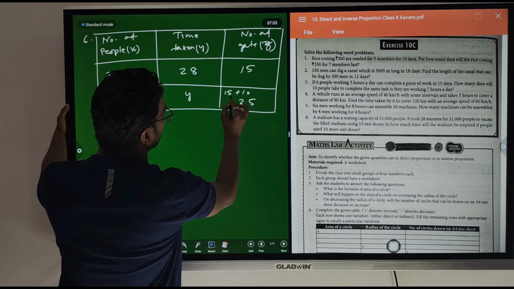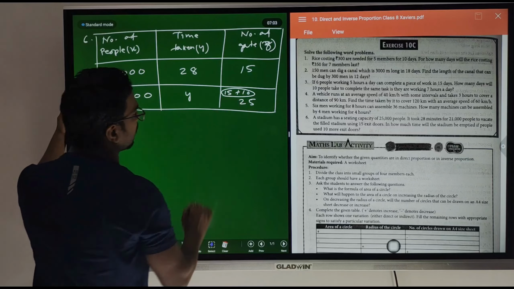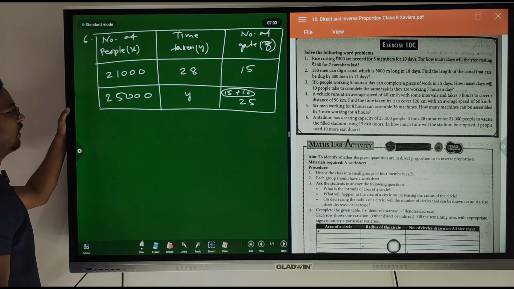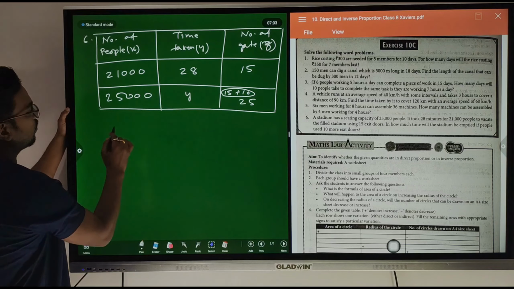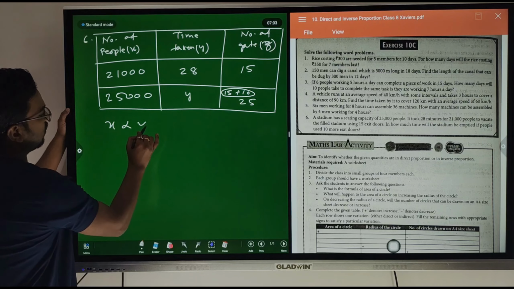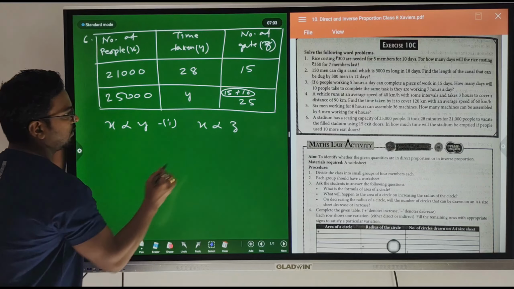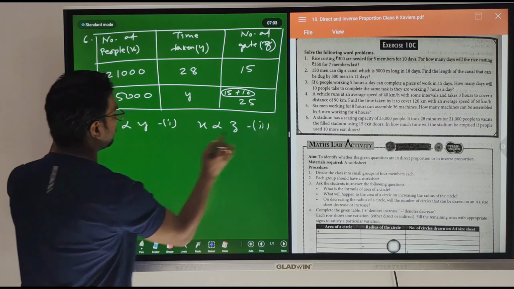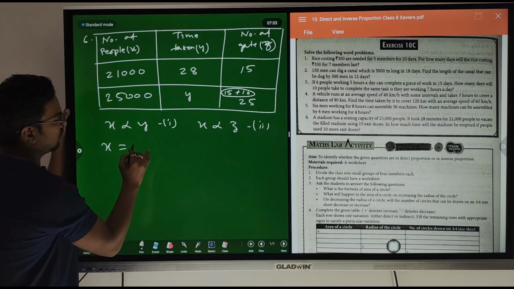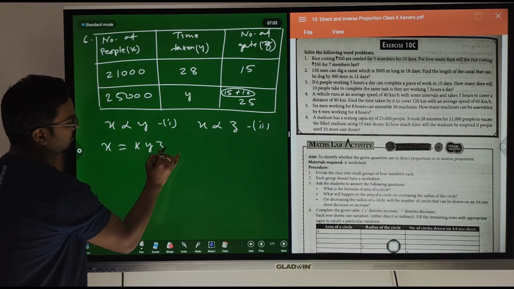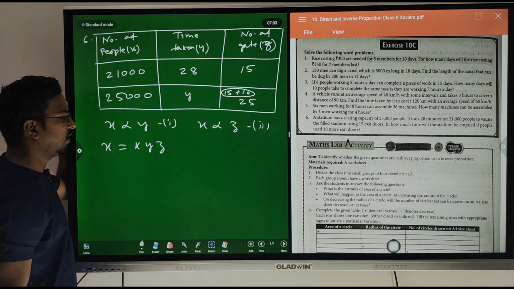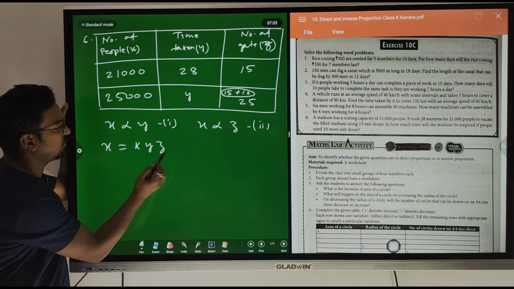Okay, it will become 25 exit gates, right? So all are directly proportional, so we'll write x is directly proportional to y and x is also directly proportional to z. So what you will write? x equals k into y into z. Okay, so for this you have to use this formula.